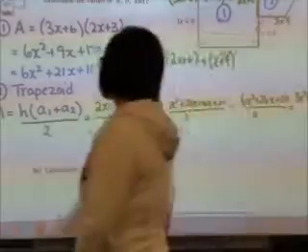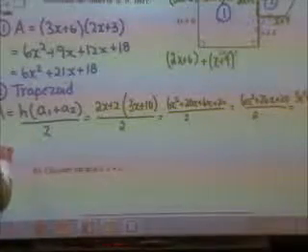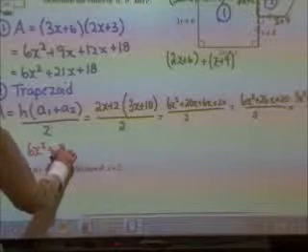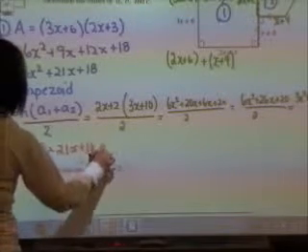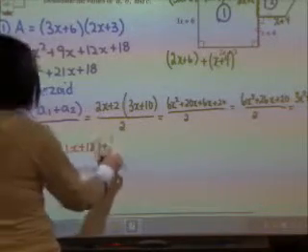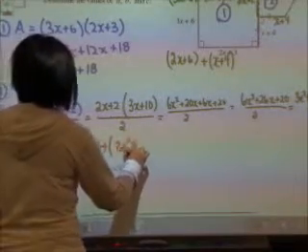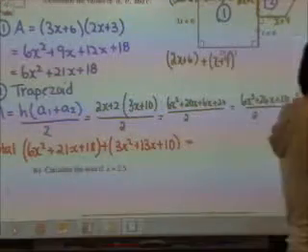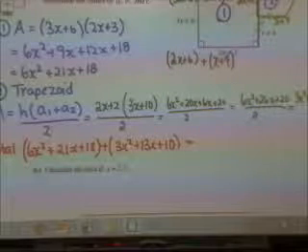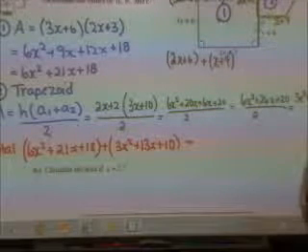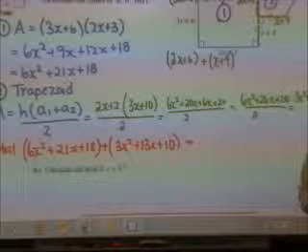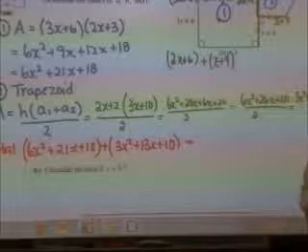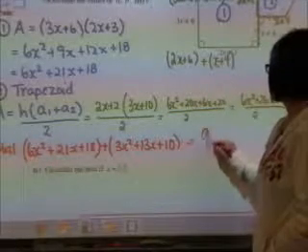So then my total area is the area of the first part, which is 6x squared plus 21x plus 18, added to the area of 3x squared plus 13x plus 10, which equals how many x squareds? 9.